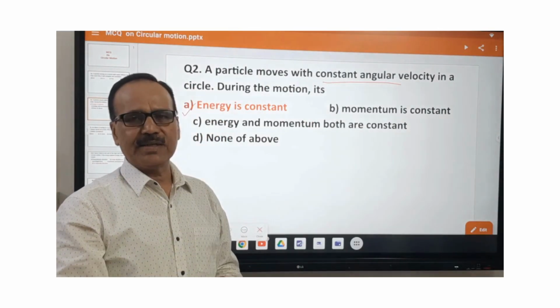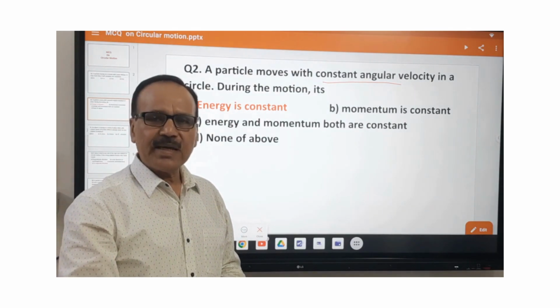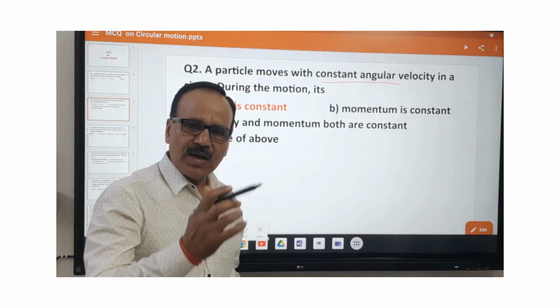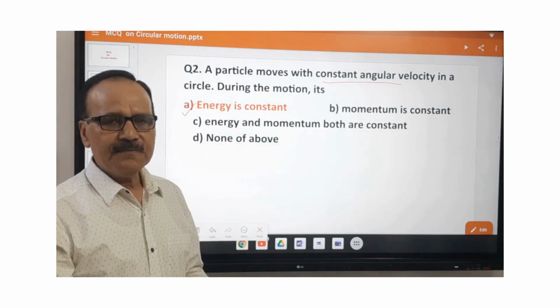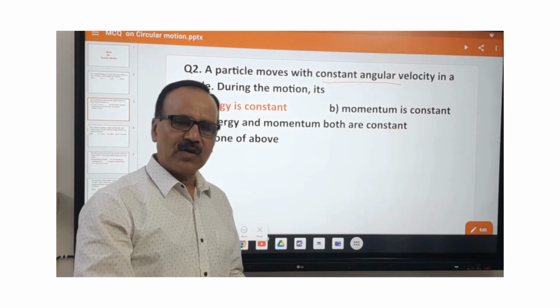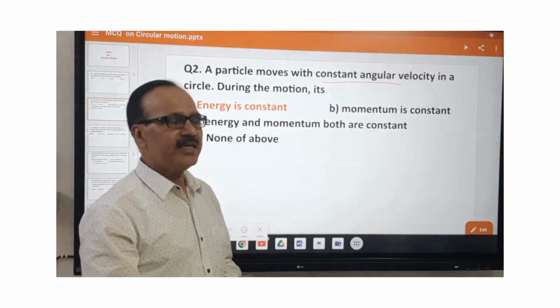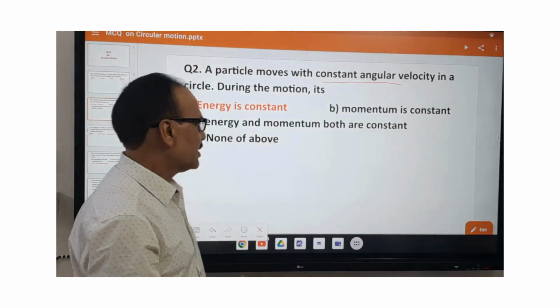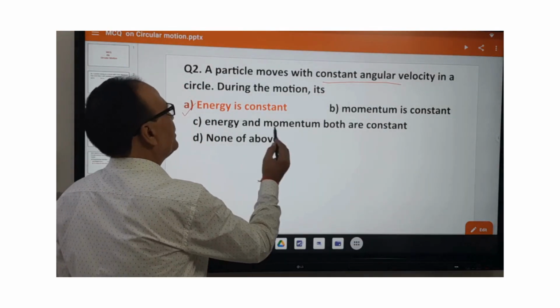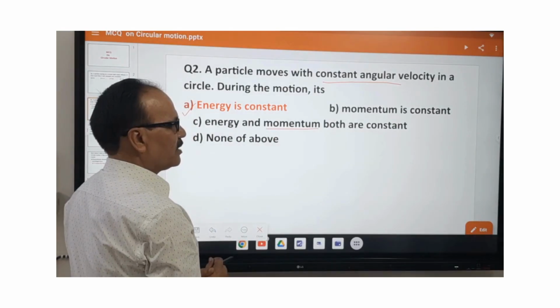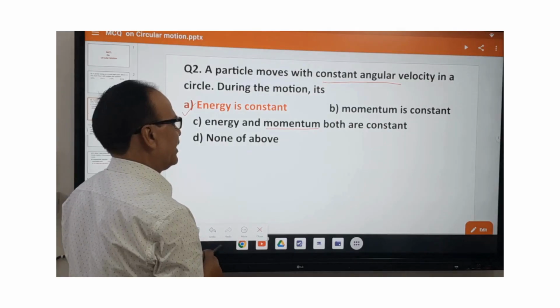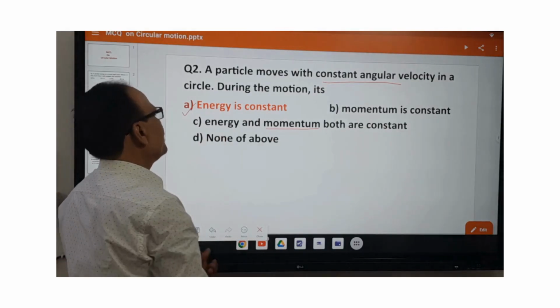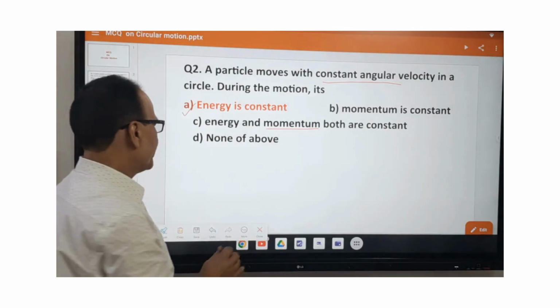Momentum is a vector quantity, so momentum cannot remain constant because the direction of the velocity is changing continuously when the particle performs circular motion. Similarly, in option C, momentum is again coming, so this option cannot be taken as correct. So our first option is correct.